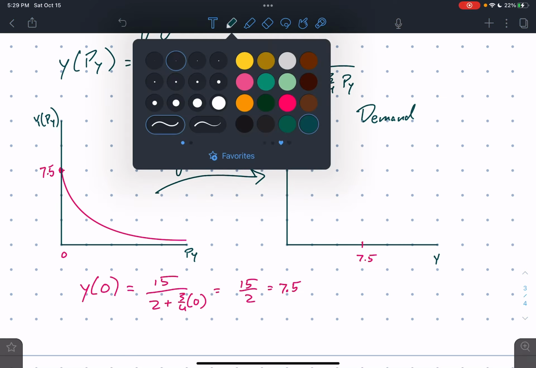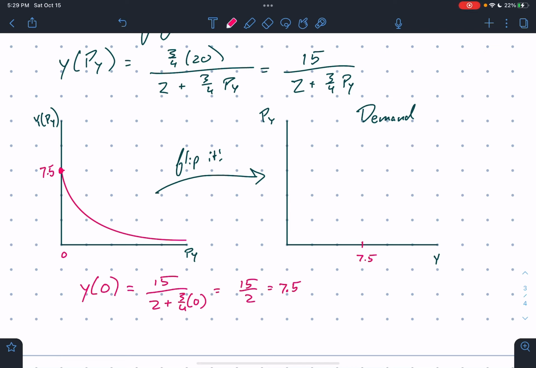It's not going to go any further. Sorry, that's my bad. I got carried away. So when the price of y is 0, the demand for y is going to be 7.5. Then we're just going to have this part. Oh no, that was supposed to be curved. It doesn't want to bend. Okay, well, I'll just freehand it. So it's going to look like that. All we did was take this graph right here and flip it. So that's how you plot the demand curve.